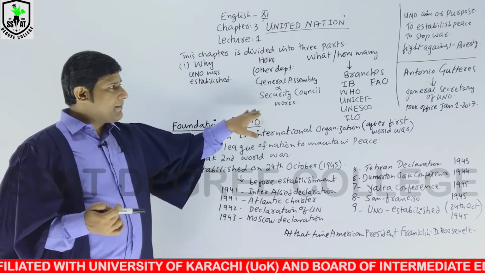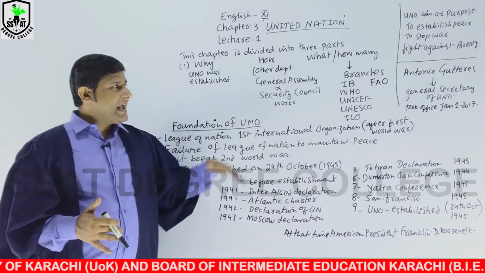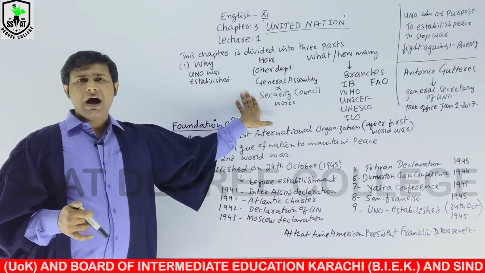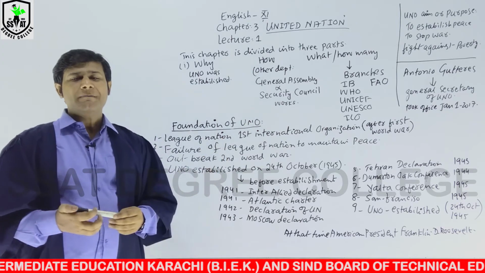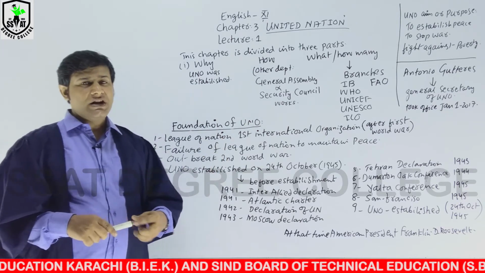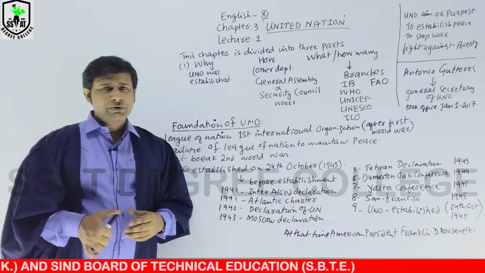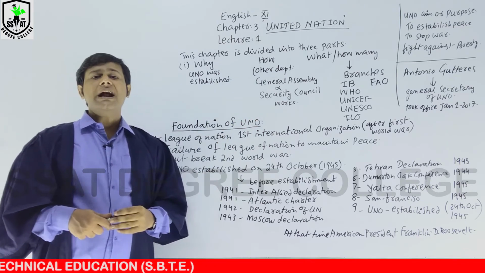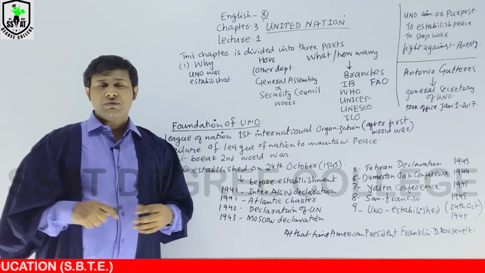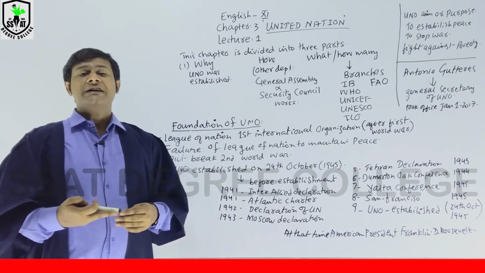So this is the platform for the solution of so many problems: the General Assembly, the Security Council, and I have discussed the Secretariat, and there are many other people working under the supervision of the Secretary General. As I told you, UNO has also organized an inland water transport tour to solve water related issues and shipyard problems.